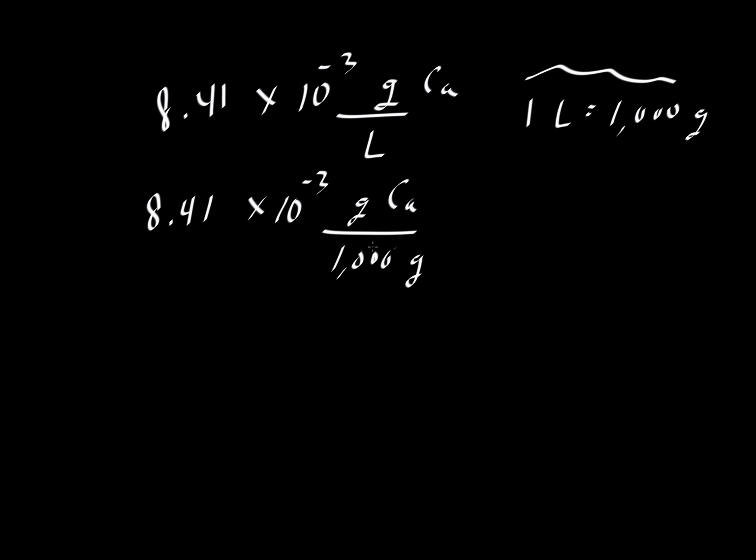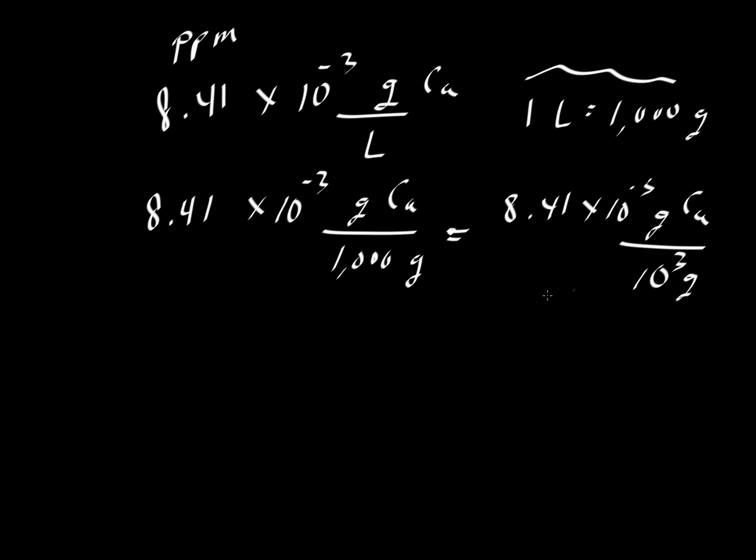So if we want ppm, ppm is parts per million. What we have right now is parts per thousand. So if we instead write this, we'll just rewrite this with an exponent on the bottom. So 8.41 times 10 to the minus 3 grams of calcium, and that is over 10 to the 3 grams of solution.